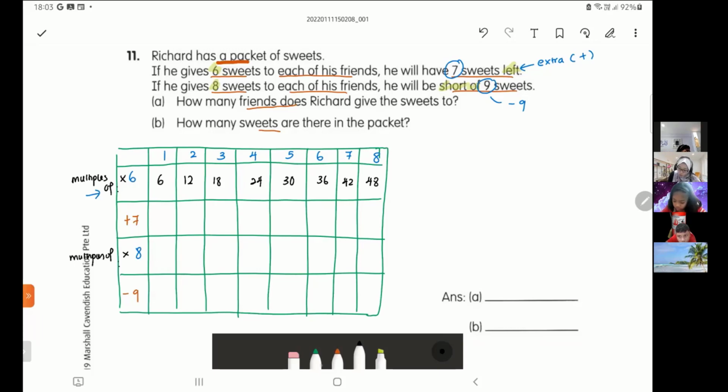Then the bottom one here is plus 7, right? So 6 plus 7 is 13. 12 plus 7 is 19. Can you understand? All this plus 7. So this is 25, 31, 37, 43, 49, and 55. All right. Then times table 8. I'm changing color so you can see the difference.